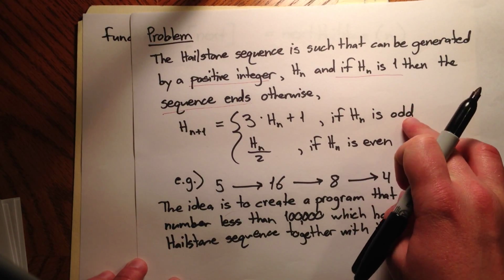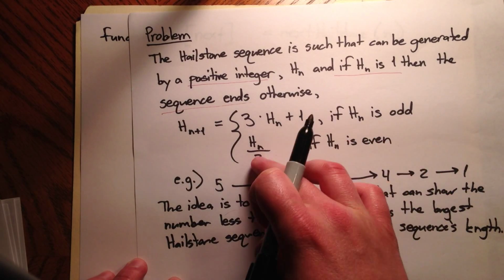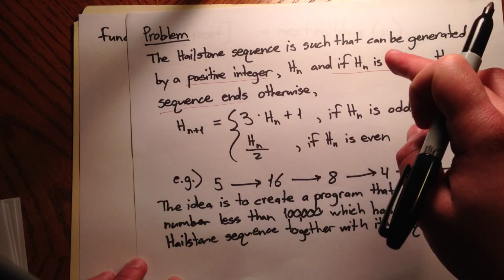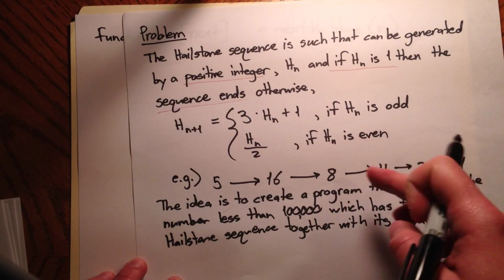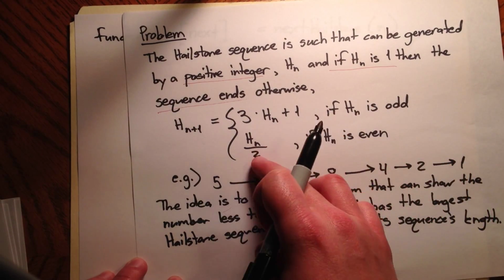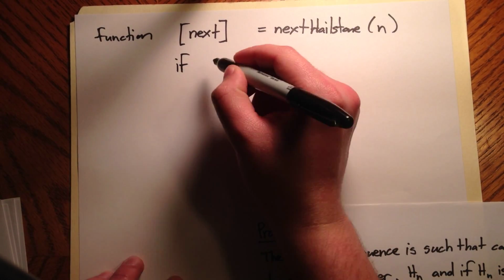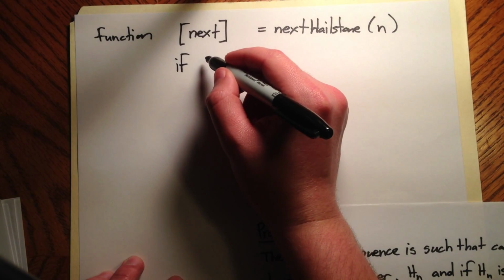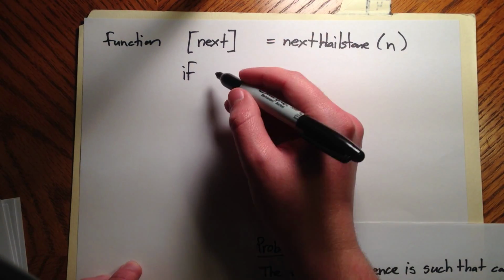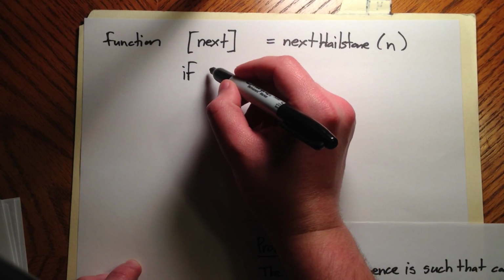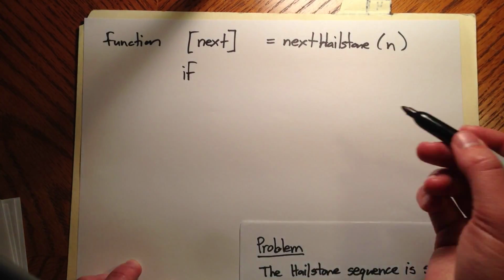So essentially, if it's odd, we'll do this to it. If it's even, we'll do this. So we can just check in an if statement if it's odd, otherwise else it's this, and do that to it. So let's say if, and Matlab probably has a built-in for checking odd, but just for practice, let's make our own function for isOdd.